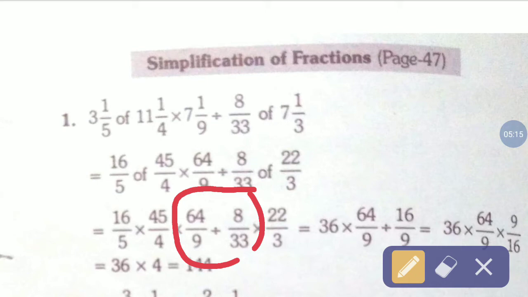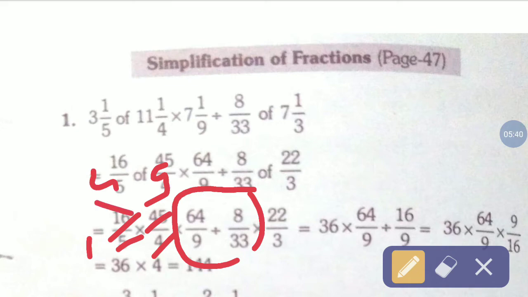What you can do, you can do first of all this sum and then do the rest, but here we can directly cancel it without solving. We are doing the division first. 5 ones are 5, 5 nines are 45, 4 ones are 4, and 4 fours are 16.